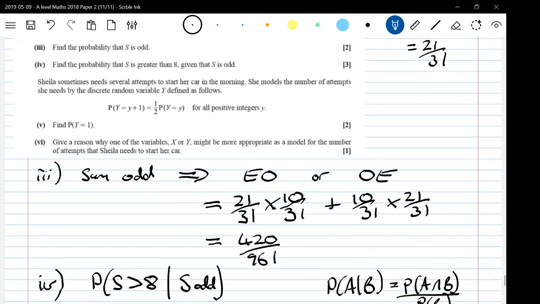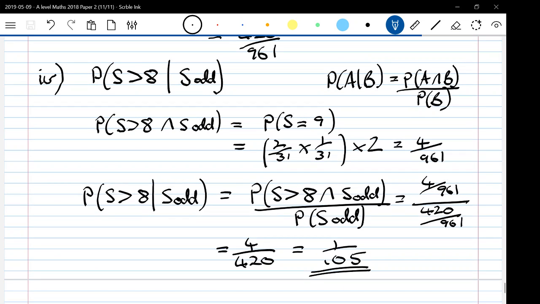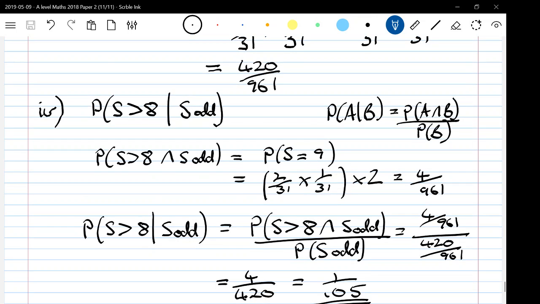Part 5. Sheila. Can you just stay on that for a minute? Yeah. I'll read part 5 while you copy that bit. Part 5 says that Sheila needs several attempts to start her car in the morning. She models the number of attempts she needs by the discrete random variable Y defined as follows.